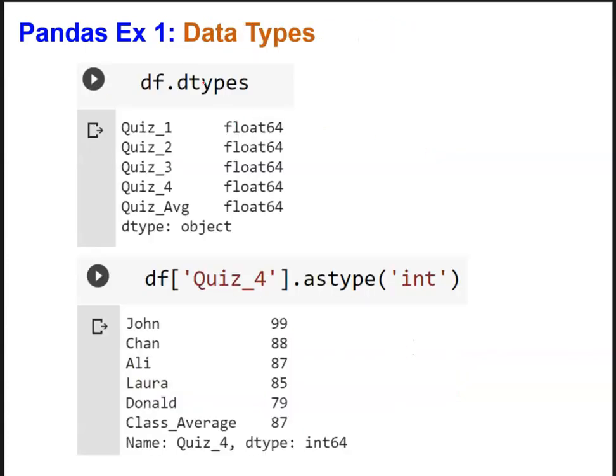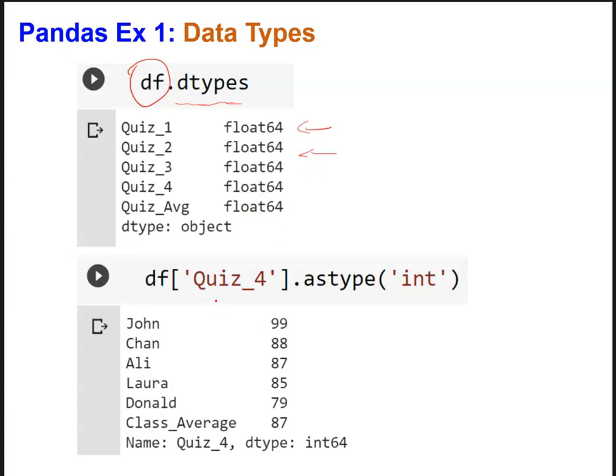Now one last thing for the first intro to Pandas is that you can also see the data types. So if you type in df, which is again our data frame, and then .dtypes, meaning data types, it's going to give you the data type of each column, and so each of these is a float or real number.